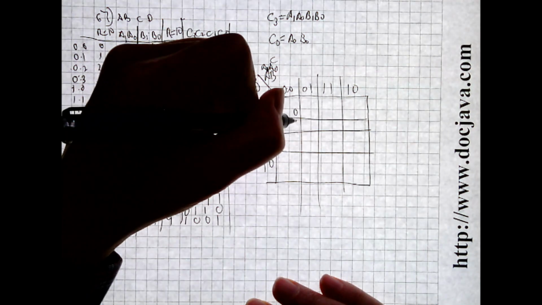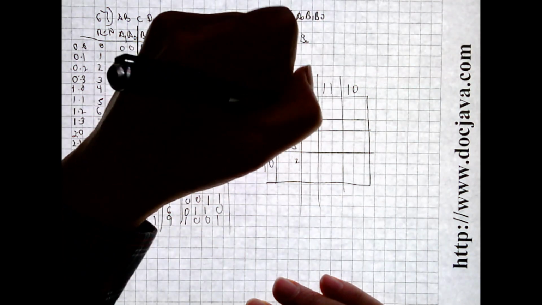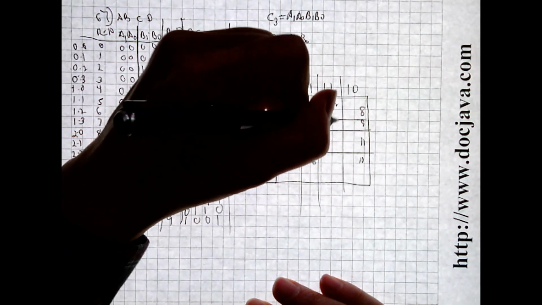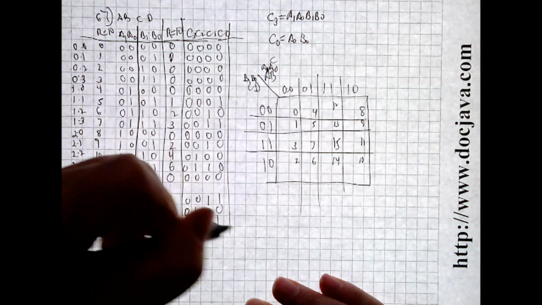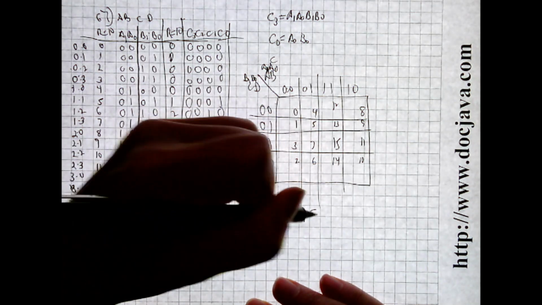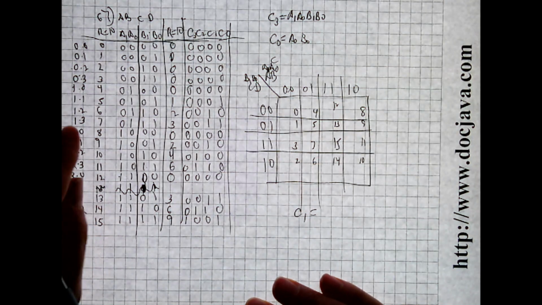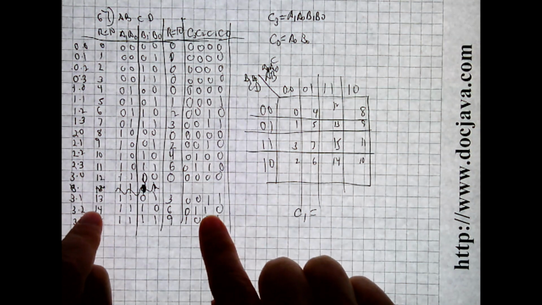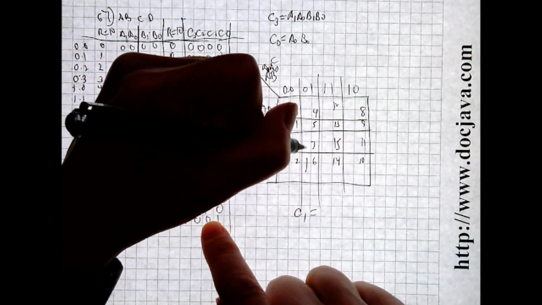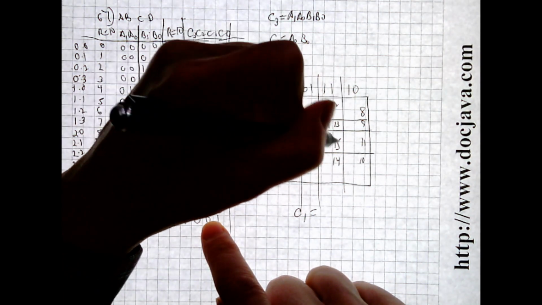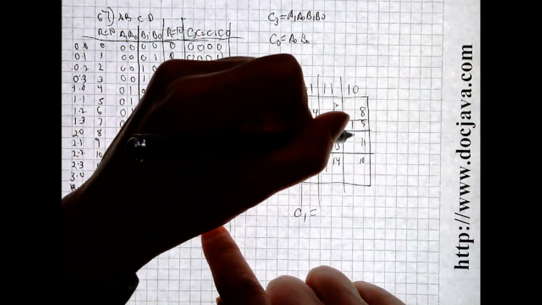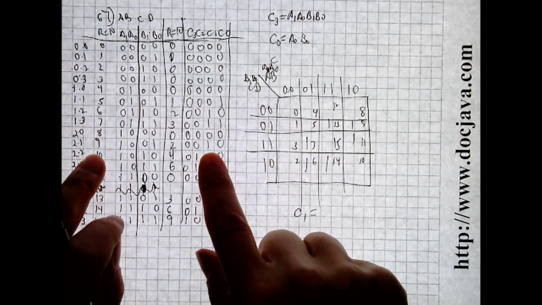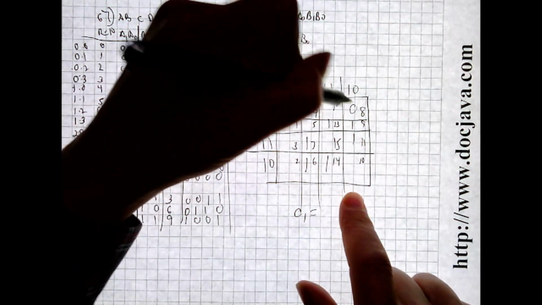And you can number. And then if you wanted C1, it would be 6, 7, 9, 11, 13, 14. Right, 9, 11. And all the rest would be 0.